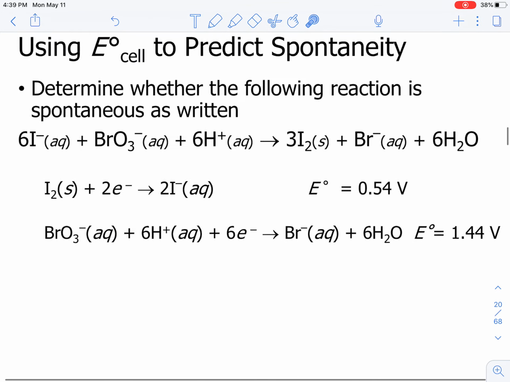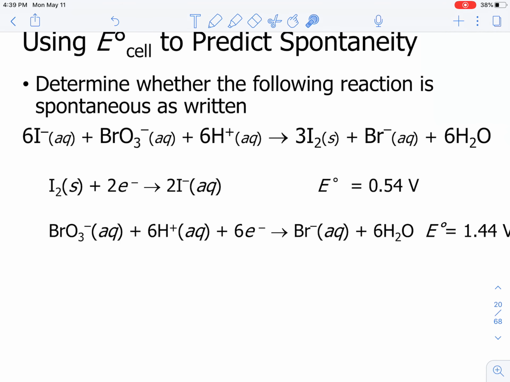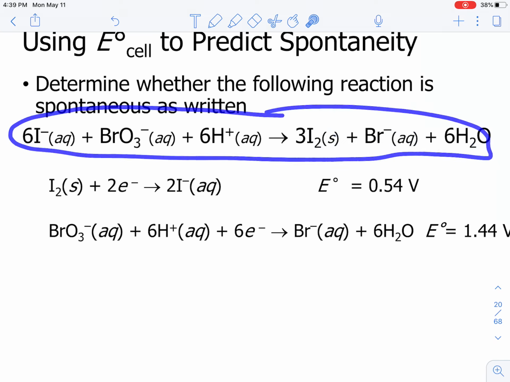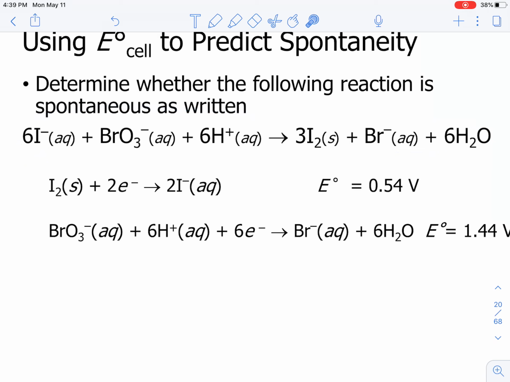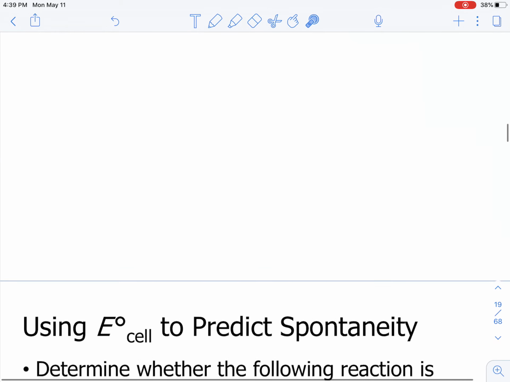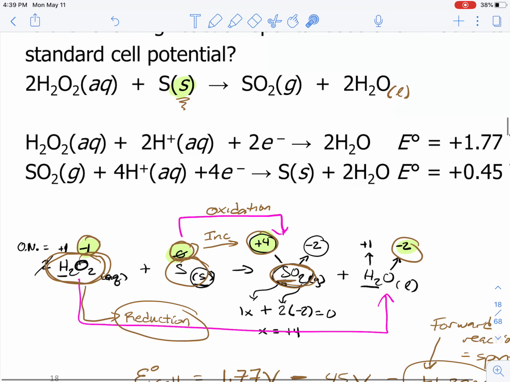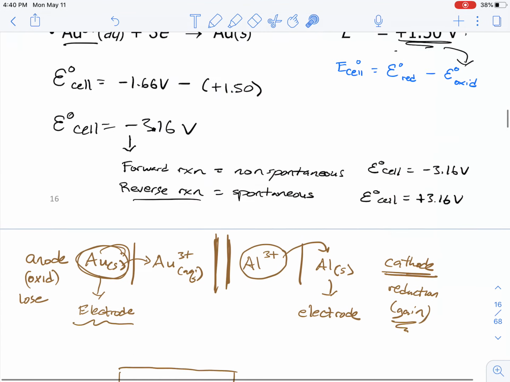The same can be said for this chemical reaction. Notice that here we have aqueous, aqueous, aqueous, and we only have one solid, and then the rest is aqueous or liquid. And so I probably will not ask you to write a cell notation involving this type of chemical reaction, just because it's a little bit complex and it involves the addition of other metals and potentially hydrogen gas that's evolving.